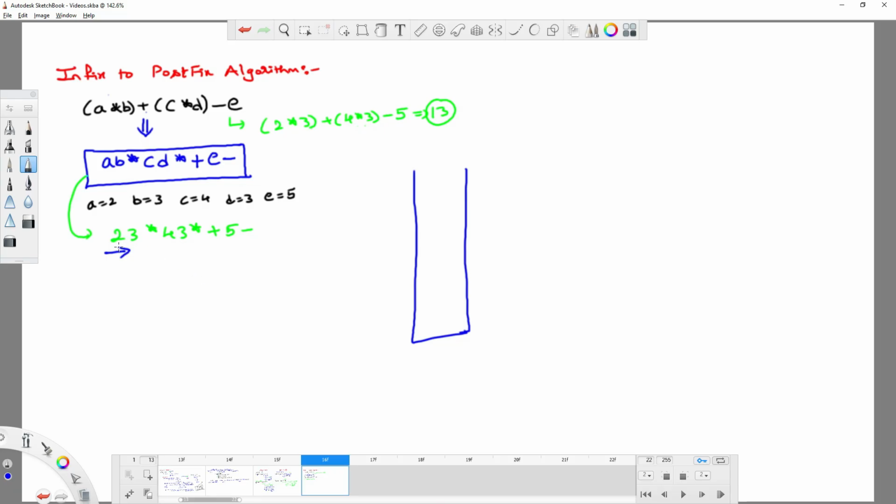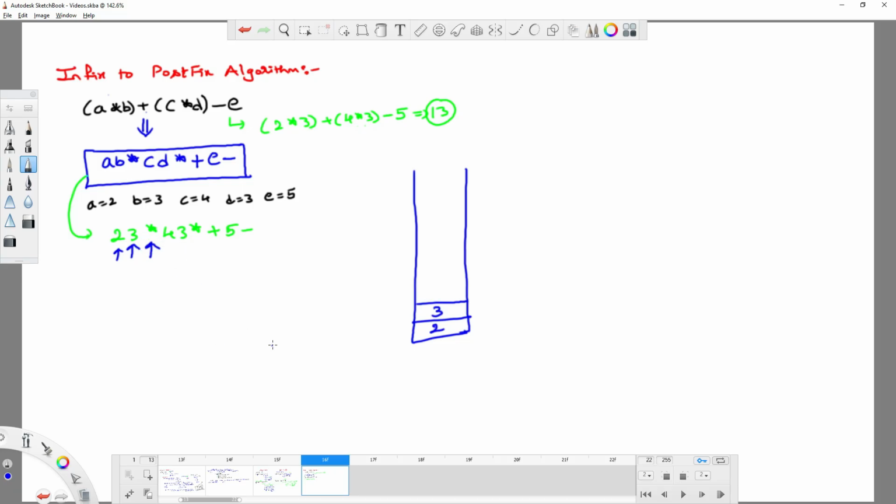Whenever you get any kind of number or variable, push it into the stack. What do you observe here? You observe the number 2. Push it into the stack. Next, move on with the scanning. Number 3. Move on scanning.